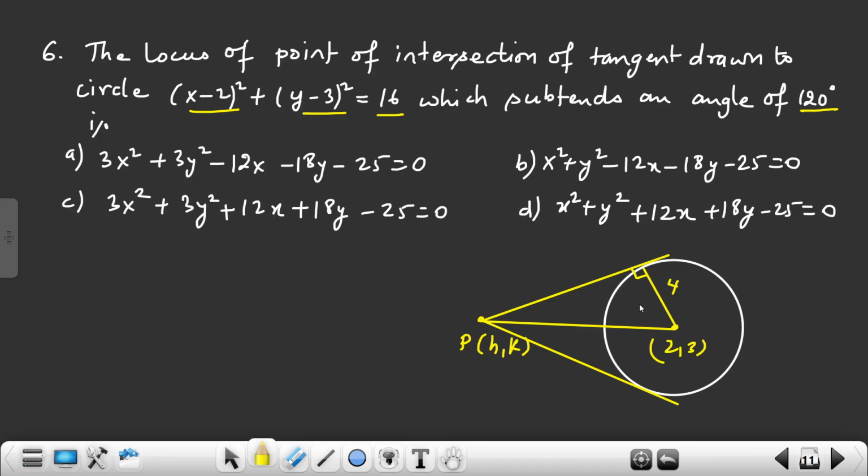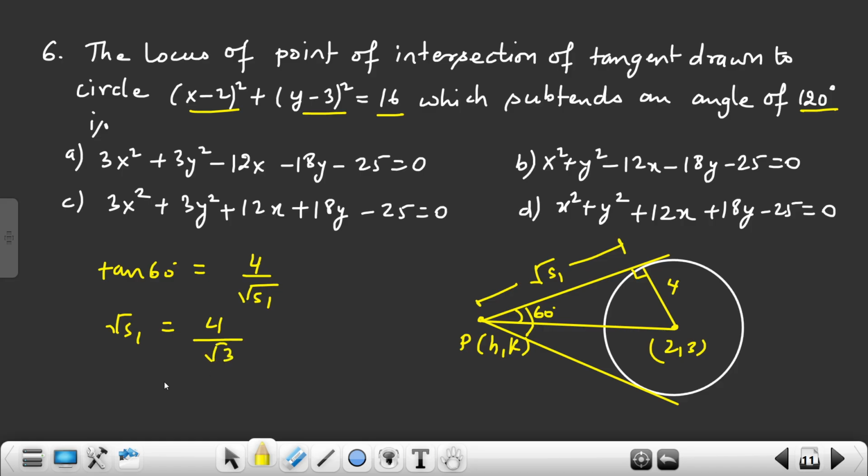Radius is 4. The total angle is given as 120, so what about this half angle? 60 degrees. And this is the length of the tangent, so we call it root S1. So tan 60 is 4 by root S1. So root S1 value is 4 by tan 60. Tan 60 value is root 3.